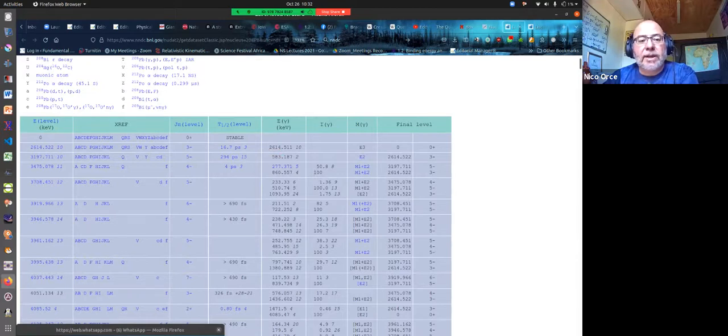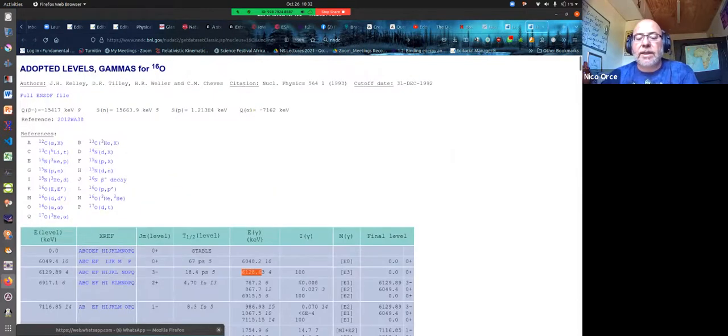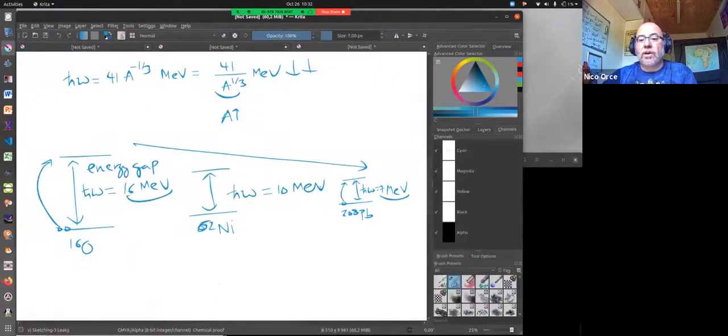So for oxygen 16 we have a first excitation which is more than double the energy of the one in lead-208. You see that? This energy gap is much bigger in oxygen 16, and this is the prediction from the harmonic oscillator.